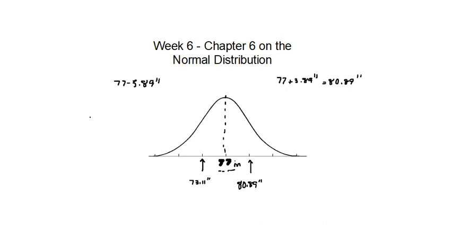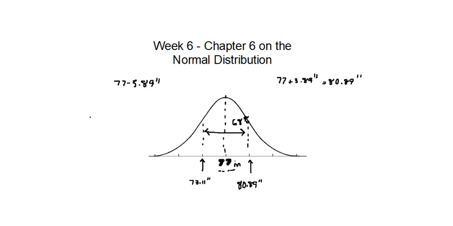Now, there's a rule that tells us approximately 68% of all the players in the NBA will have had a height somewhere between 73.11 inches and 80.89 inches. This is called the empirical rule.